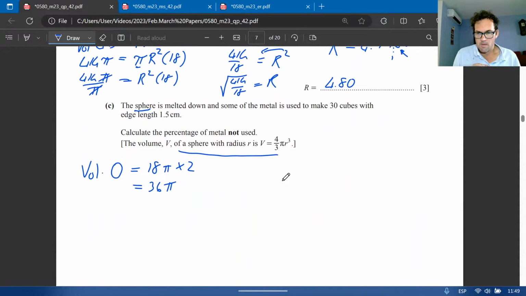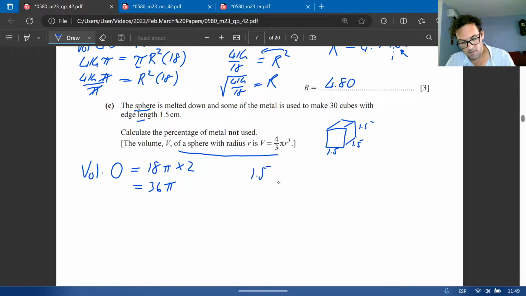Right, so then we got little cubes. Imagine a little cube, edge length is 1.5, and the nice thing about a cube is all the sides are the same, so to get the volume of the cube we need to do 1.5 times 1.5 times 1.5, or simply 1.5 cubed.